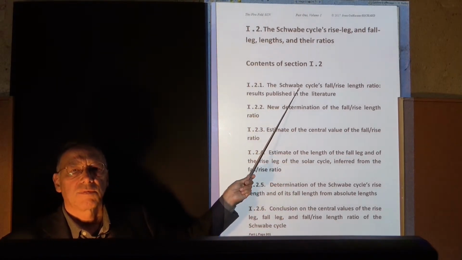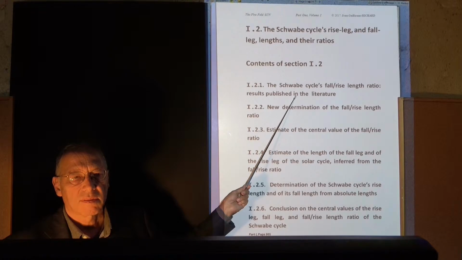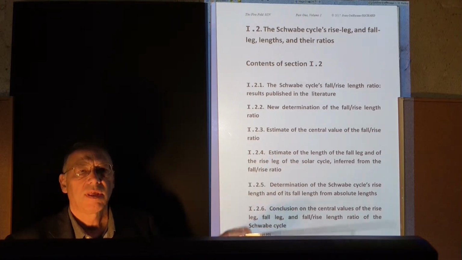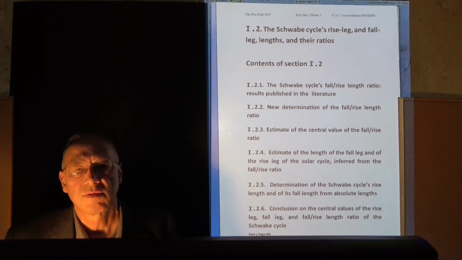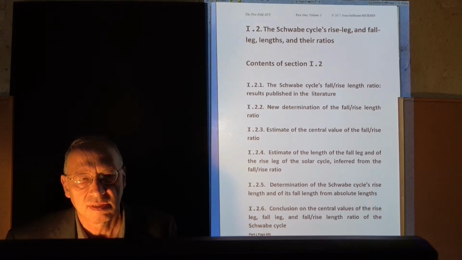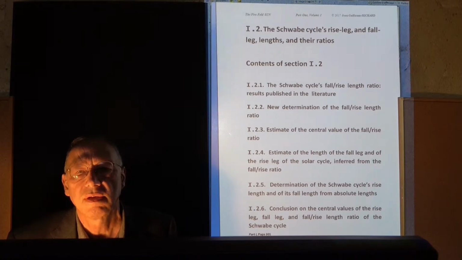We start with the results that were published in the literature about the length of the legs of the solar cycle. The ratios actually have been rarely explicitly computed and cited in solar physics literature, but they are computed here.